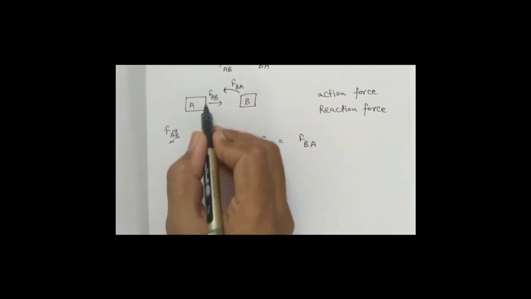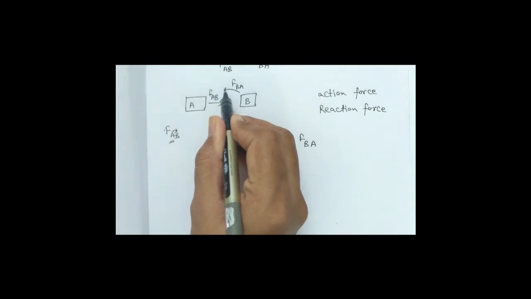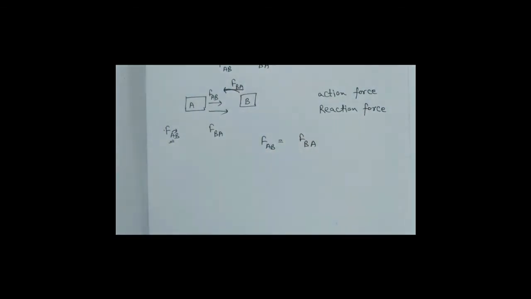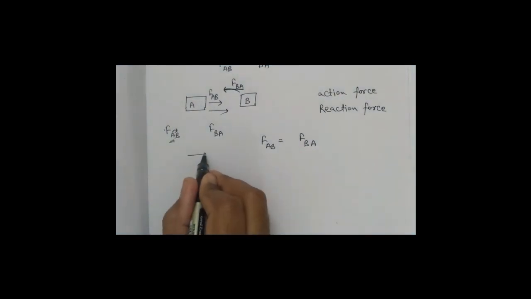Now since the direction of FAB is towards this side, if I am taking this direction as positive, what should I take this direction as? I'll take it as negative direction.